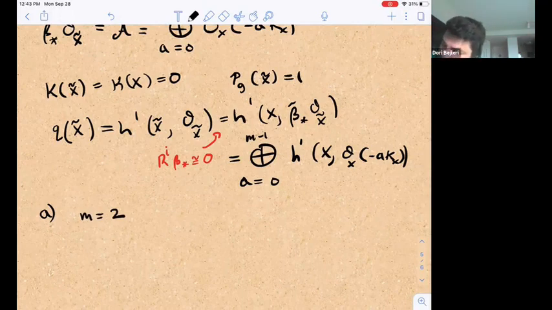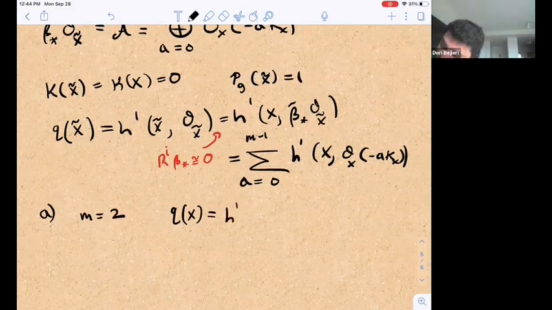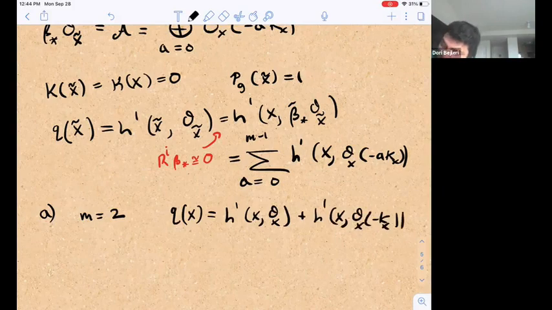So in this direct sum, and I guess here, because I'm computing numbers, I should have put a regular sum, not a direct sum, we just have the a equals 0 term and then the a equals 1 term. So we have h^1(X, O_X) plus h^1(X, O_X(-K_X)). Those are the only terms that appear. This is the irregularity of X tilde.